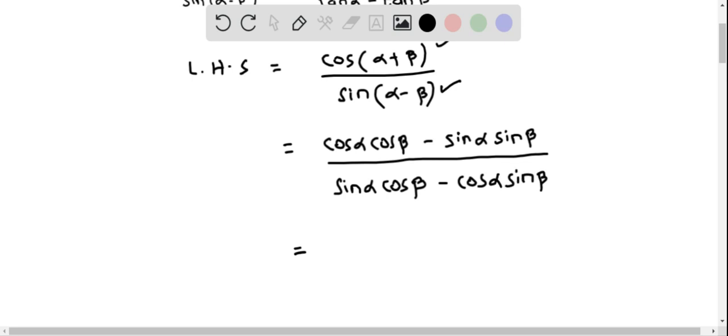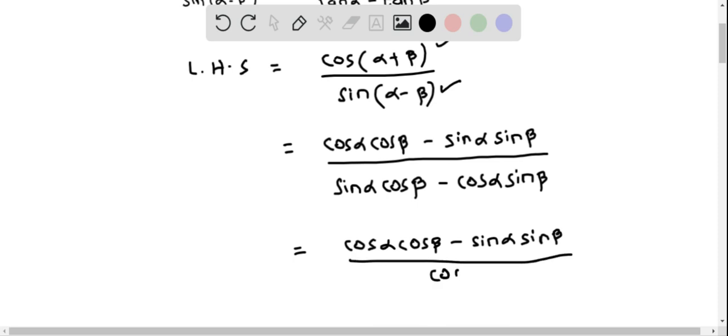And now in the next step, I'm going to divide both the numerator and denominator by cosine alpha cosine beta. So I write this as cosine alpha cosine beta minus sine alpha sine beta. So I divide this by cosine alpha cosine beta.